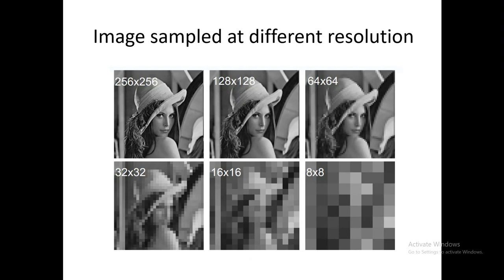Another important thing about the image is the image resolution. Image resolution tells us how many rows and columns we have in the image. If we look at the first image on the top left, it's composed of 256 rows and 256 columns, the second has 128 rows and 128 columns, the third is 64 by 64, and the last one is 8 by 8.